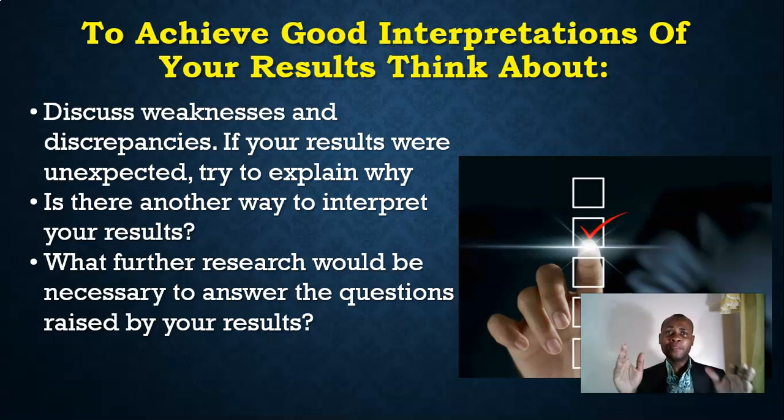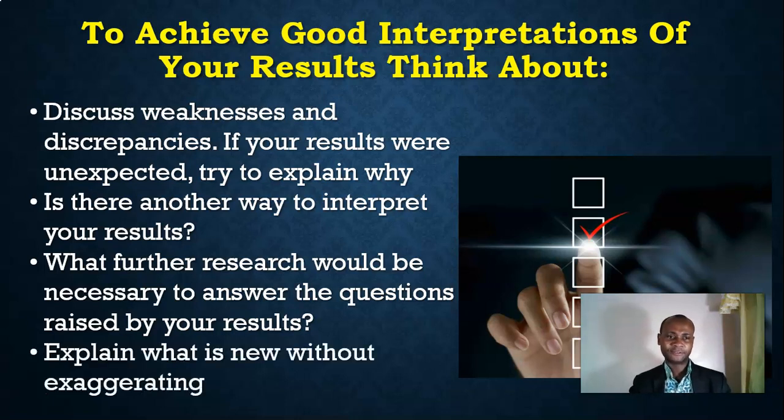So what I'm saying here is if the conclusion and the recommendation are together with the discussion, then this is all you need to do. You need to ask yourself what further research could be necessary. So in the conclusion and recommendation section, you are going to indicate this for journals in which the conclusion and the discussion are together. Okay, take note of this.